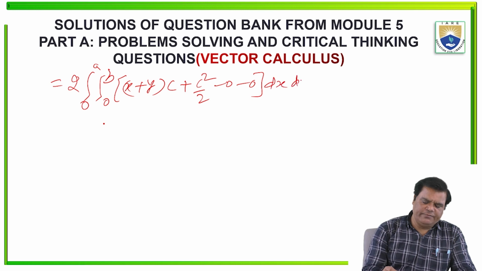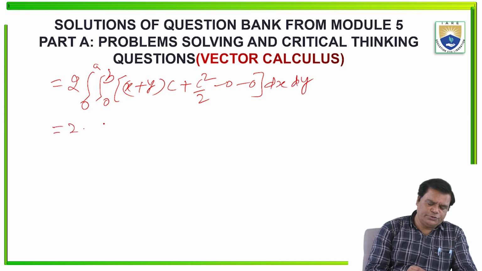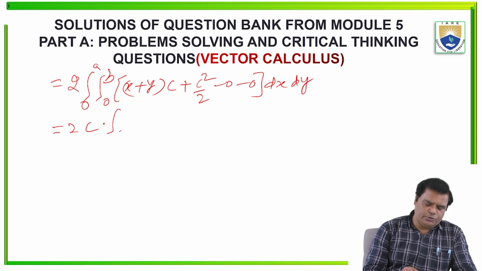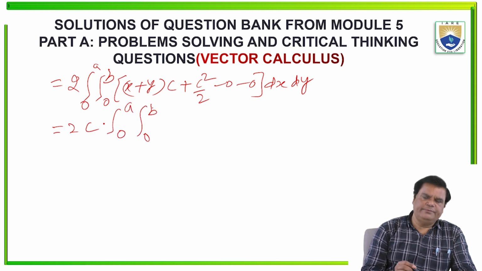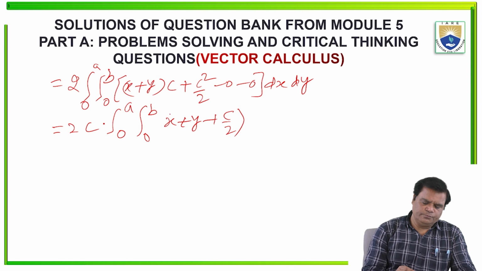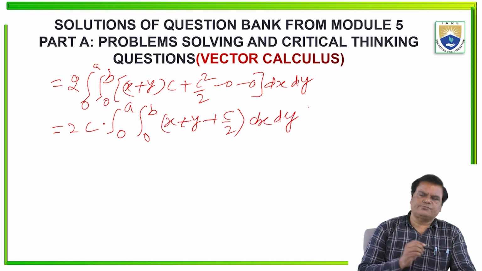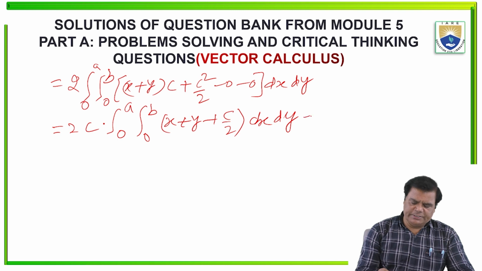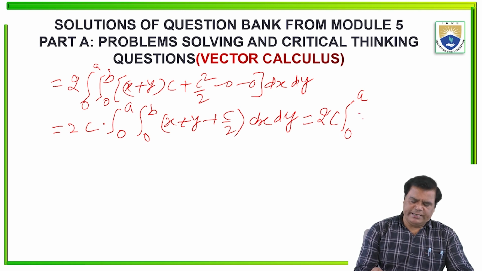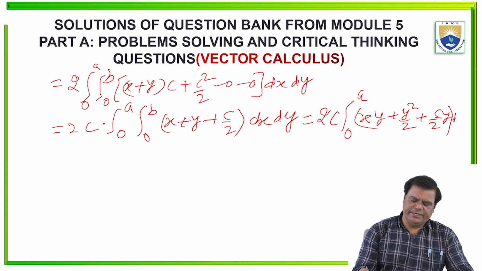Here dx and dy. So c is common here, 2c is common. So here 0 to a and 0 to b, x plus y plus c by 2, dx and dy. Now this integration with respect to 2c, again integration with respect to y. So here 0 to a and integration with respect to y. So here xy plus y square by 2 plus cy by 2, and here is dx.